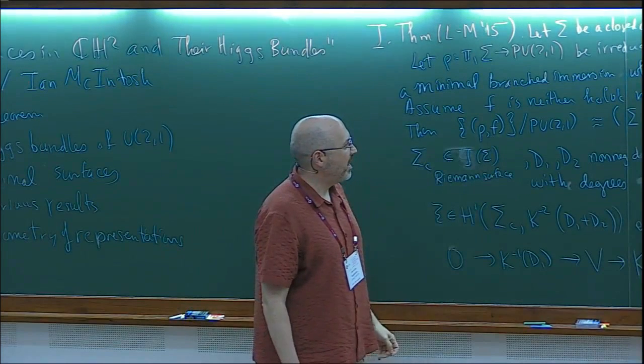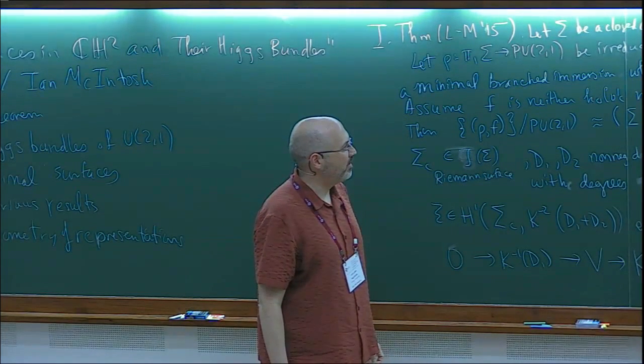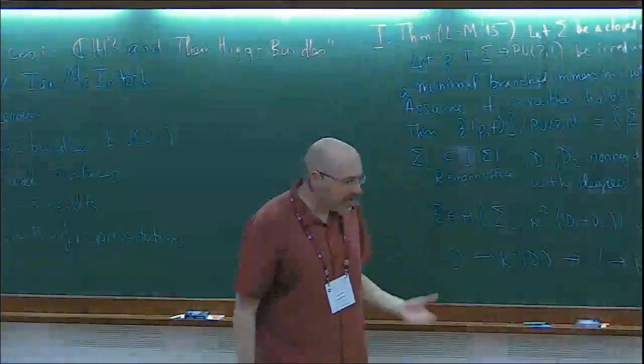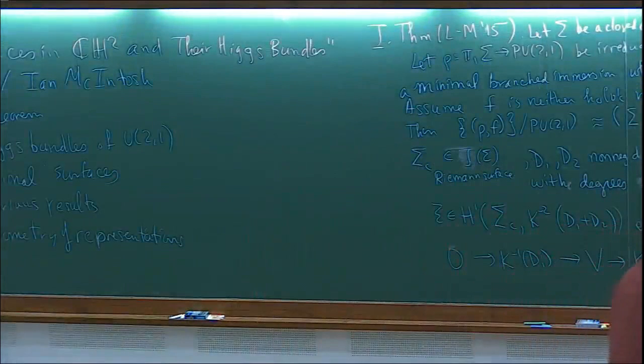In the other situations, it's harder to say. So I guess I should say something about the character variety, and in this situation, let me just mention one of the original theorems.